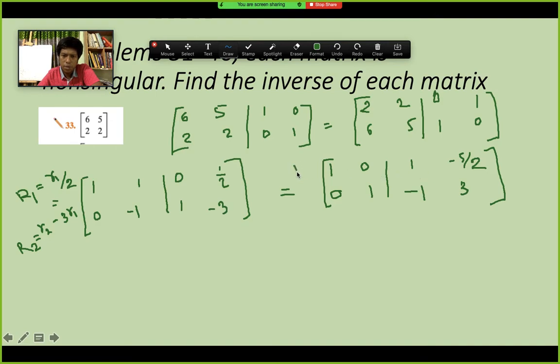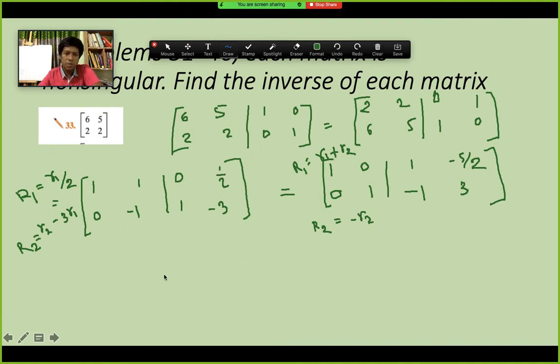This line R1 equals R1 plus R2, and here this part is R2 equals minus R2. We multiply it by a minus sign for this row 2.